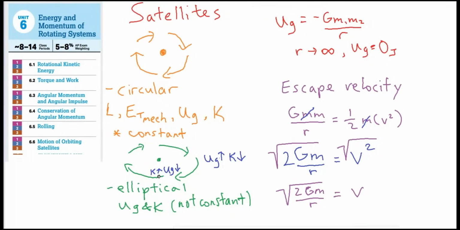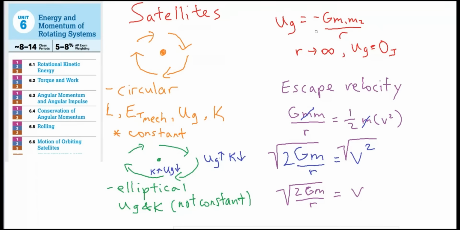Once it swoops around closer, it picks up kinetic energy, it gains velocity, and that decrease in distance drops the gravitational potential energy at that point. Now with our U_G, it is negative G m1 m2 over r, where as r approaches infinity, then U_G equals 0. So any distance between infinity and 0 is going to be a negative value, making that gravitational potential energy shrink.